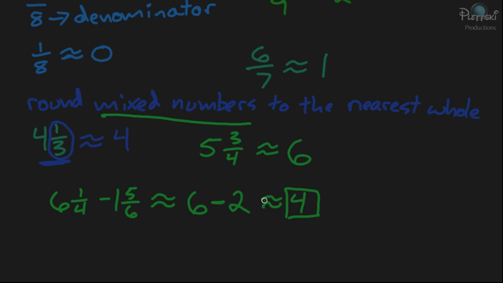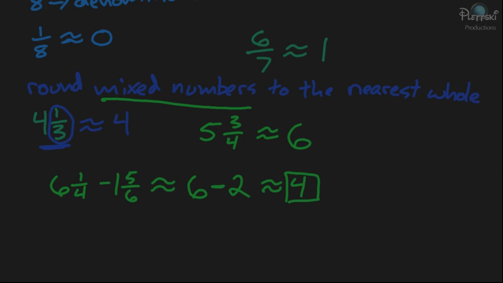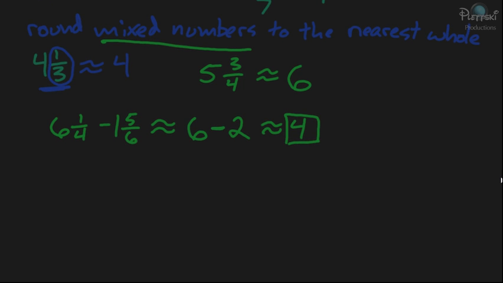Let's look at when you add. Let's do a sum. So if you have 1/5 plus 7/8. Now remember, when we were working with mixed numbers, you round to the nearest whole.